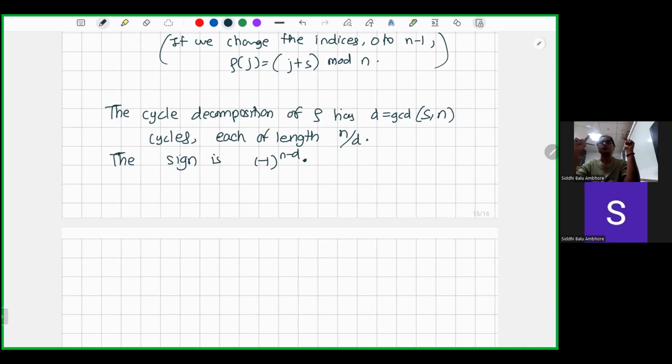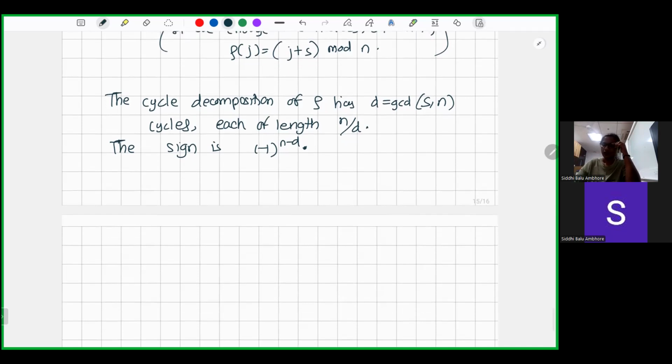The exponent is n minus d, since each cycle of length n by d contributes a sign, and the total adds up to n minus d.